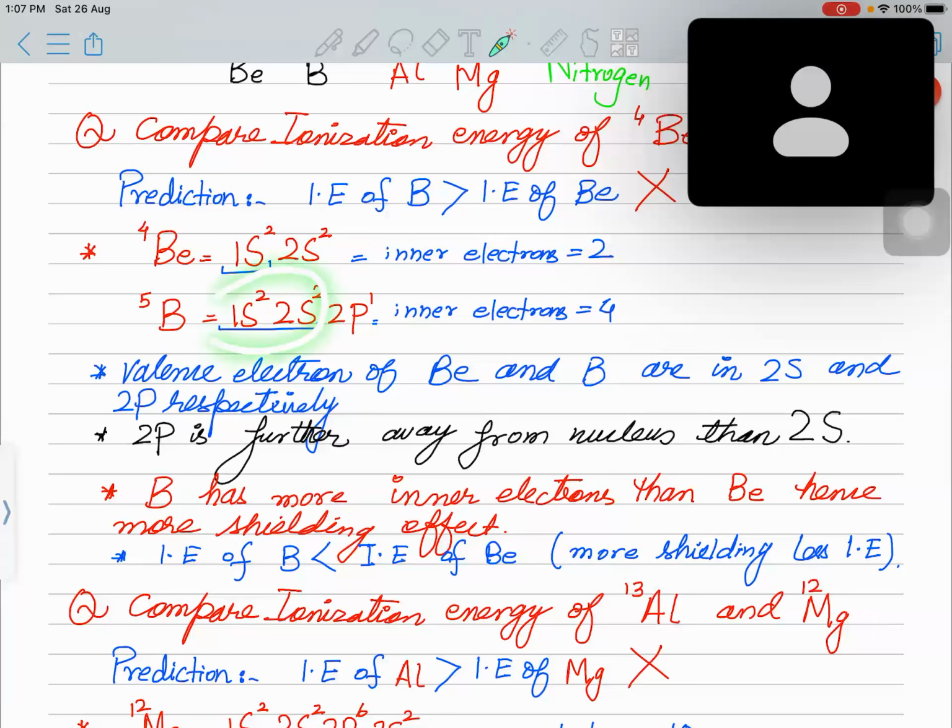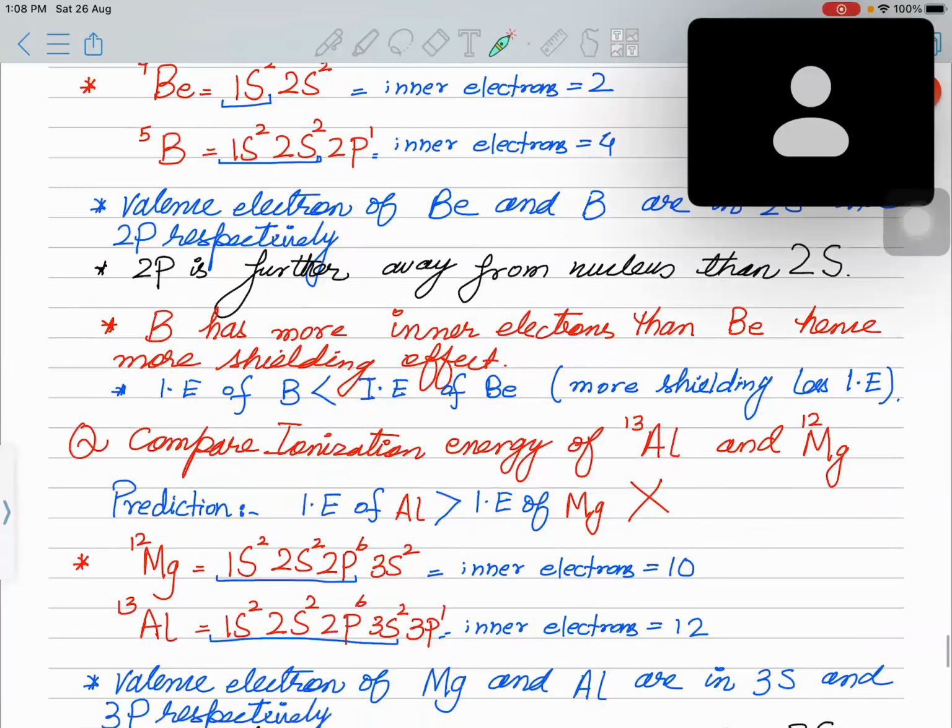So here we have 4 inner electrons, here we have 2 inner electrons. So more inner electrons, more shielding, less ionization energy. Are you getting my point or not? Yes, sir, I got it. Okay, next.